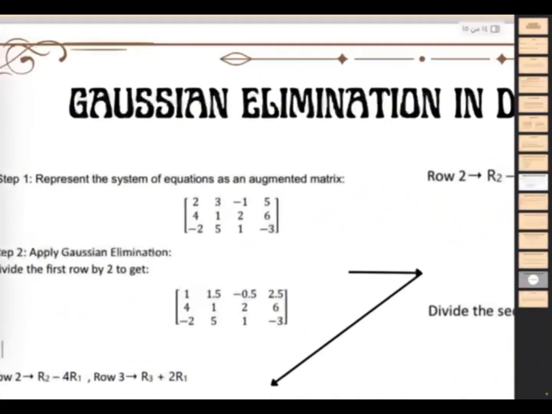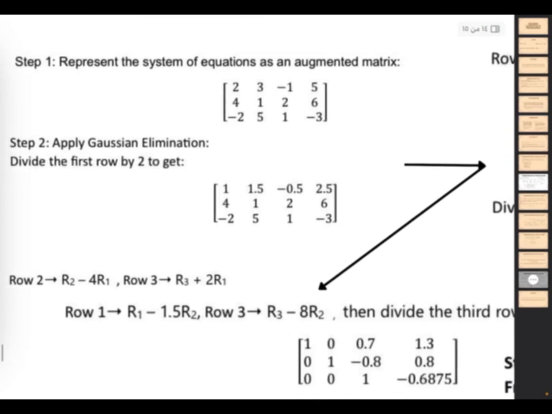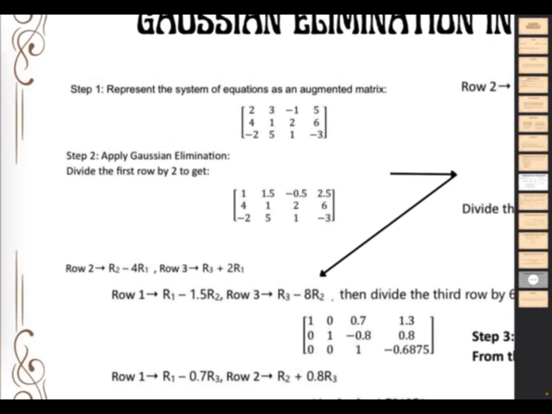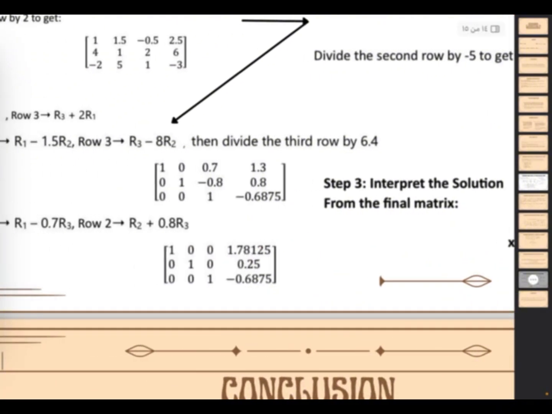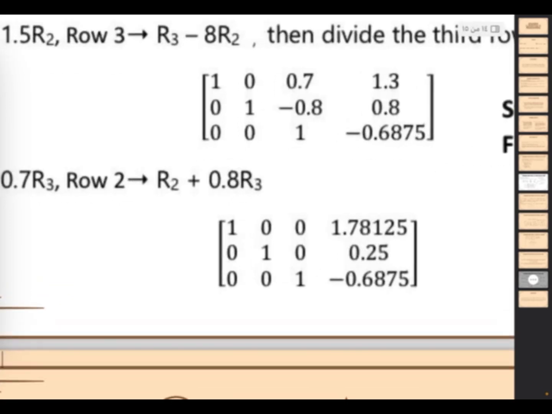We will first write the matrix. As you can see here, this is the matrix from the above equations, and we will work on it and simplify it until we get the last matrix, which is 1 0 0, 0 1 0, 0 0 1, as you can see here.